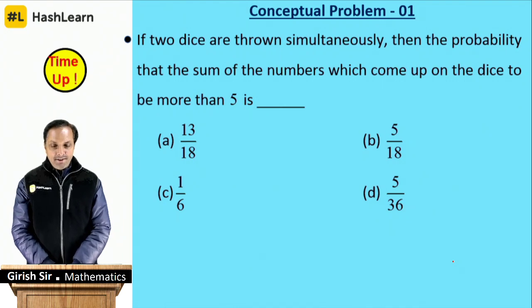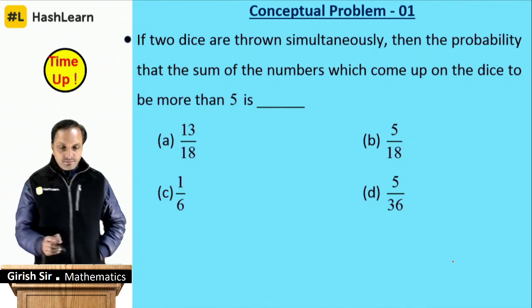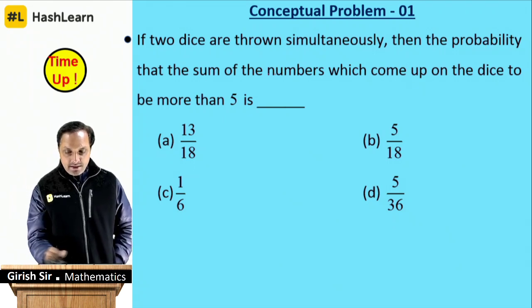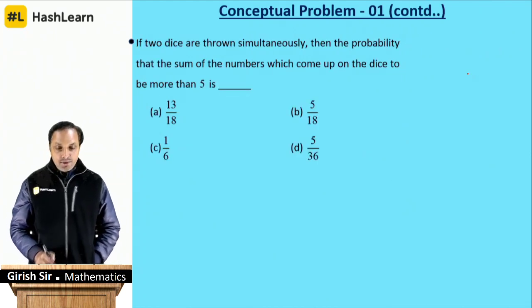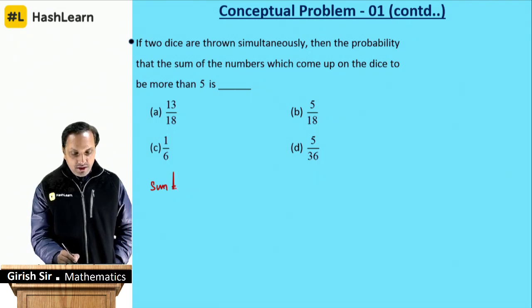Read the question carefully and you should be able to answer that. If two dice are thrown simultaneously, then the probability that the sum of the numbers which come up on the dice is more than 5. You know that the sum should be more than 5.